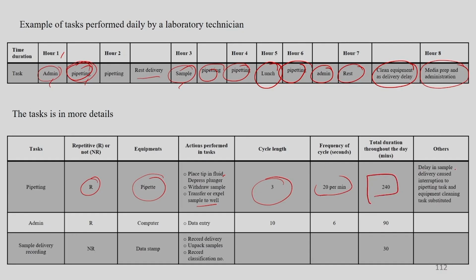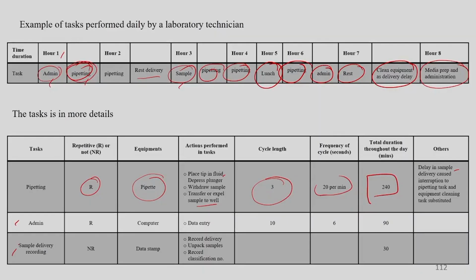Maybe in some cases there is delay in sample delivery causing interruption to the pipetting task, and equipment cleaning task may be substituted. Okay, so you are doing the detailing of the whole pipetting job. Now similarly you can do for admin, you can do for sample delivery and all those things, right.